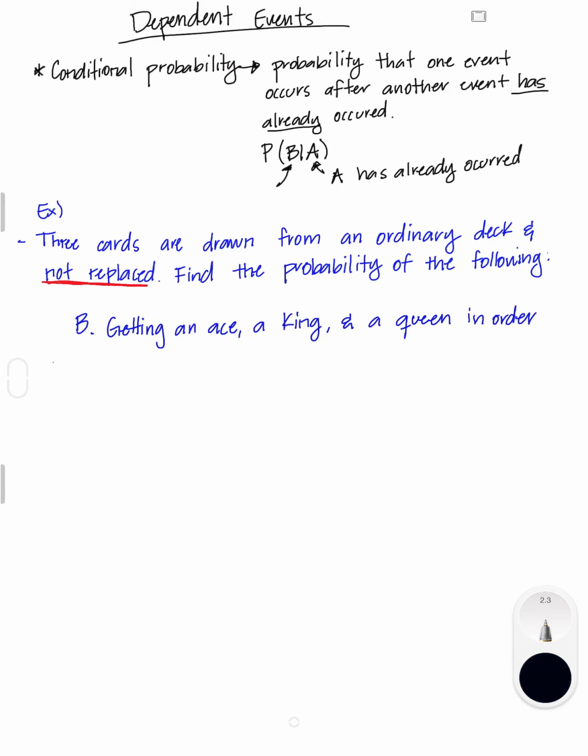So first of all, I'm going to go ahead and say how many cards in total do we have in the deck. So we have 52 cards in total in the deck. We have 4 kings. We have 4 queens. And we have 4 aces.